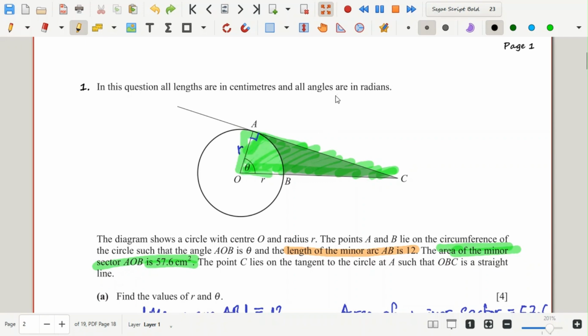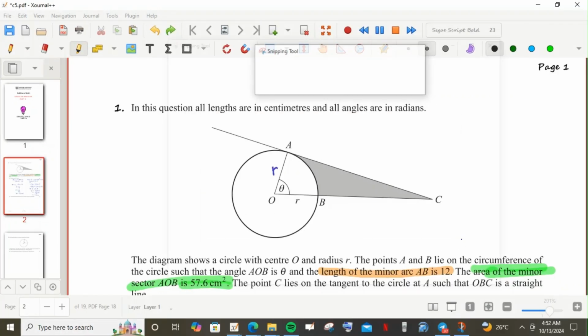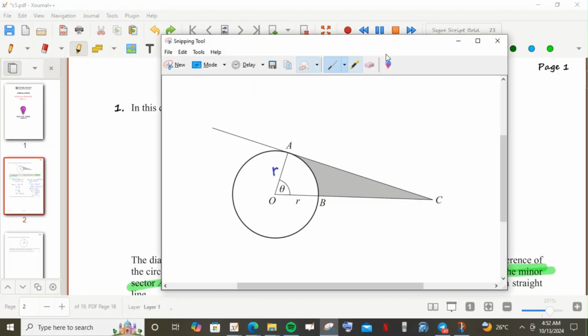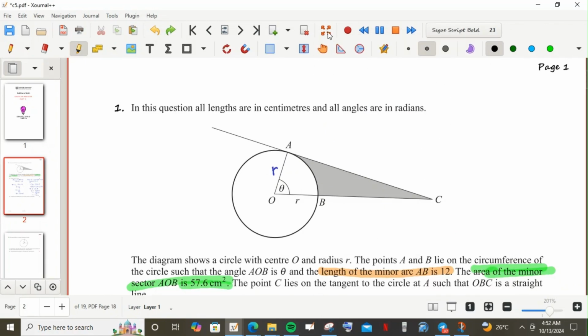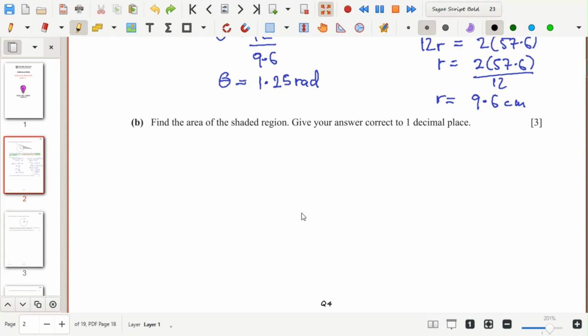So basically the area of the shaded region is the area of the right angle triangle minus the area of the sector. Okay, so now let me do something quickly. Let me cut and paste, put it here.